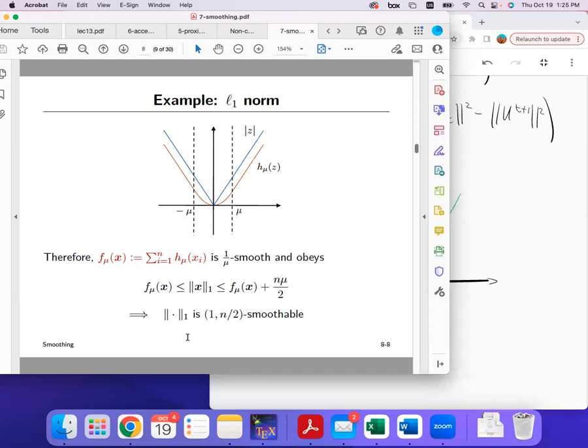And also, it is a 1 over mu smooth function. Therefore we can claim that the L1 norm is 1, n over 2 smoothable. So this is our alpha, this is our beta.